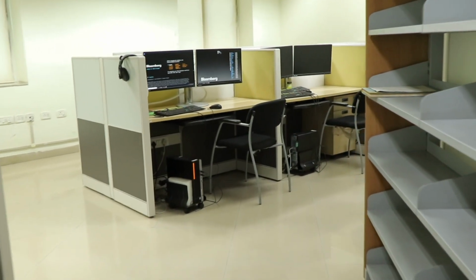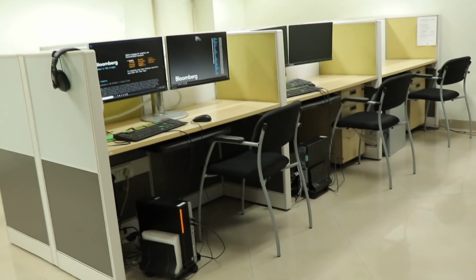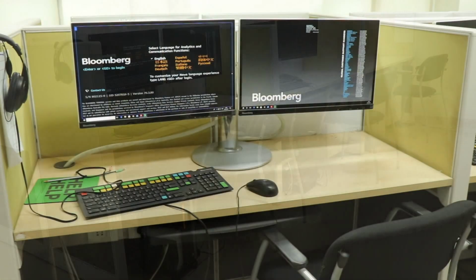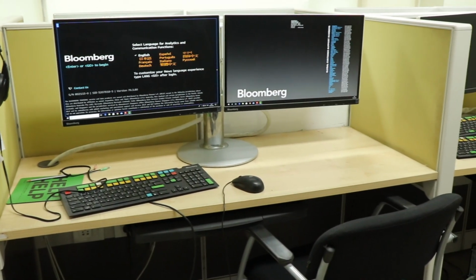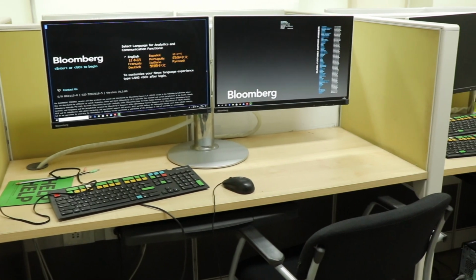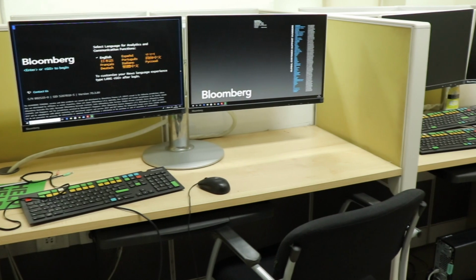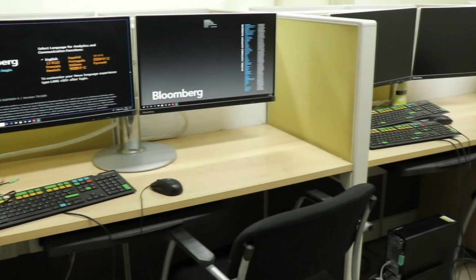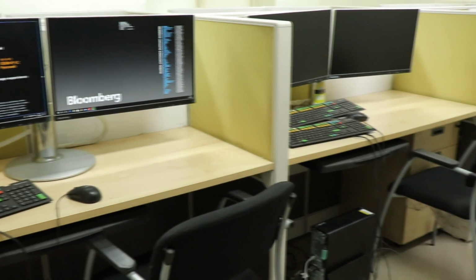We have the most advanced system for controlling the issues and borrowings. The library also houses Bloomberg terminals which are used in vast projects by the institution, by the faculty as well as by the students.